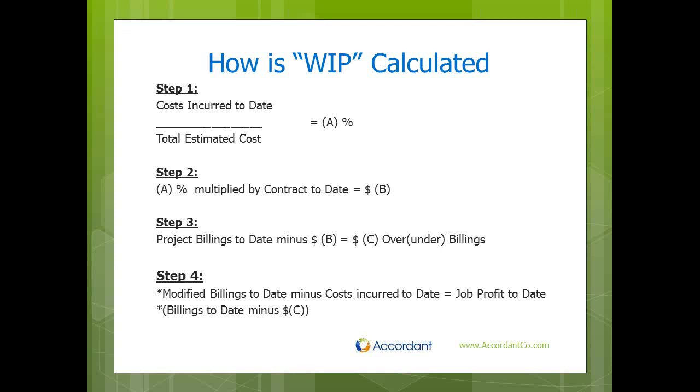This over or under billing is the basis accrual for your accounting professional. This is how you kind of see where your profit really stands within the organization. By taking these modified billings amounts and subtracting out your costs incurred to date, it will show you where your true profit is within the system.